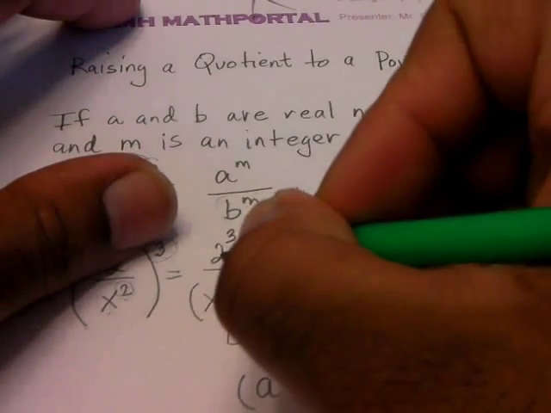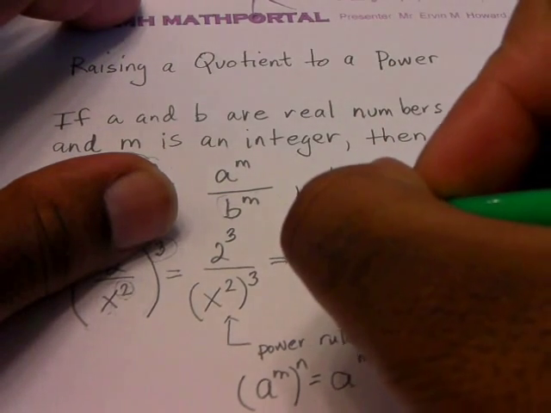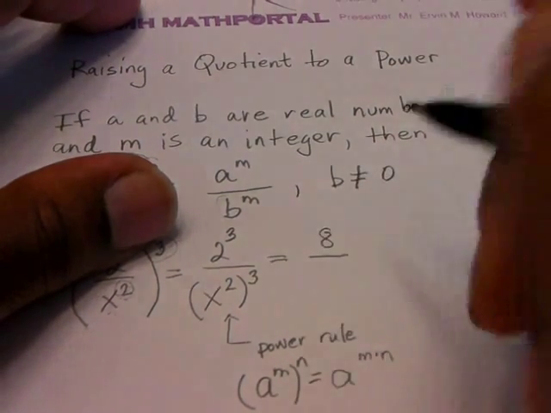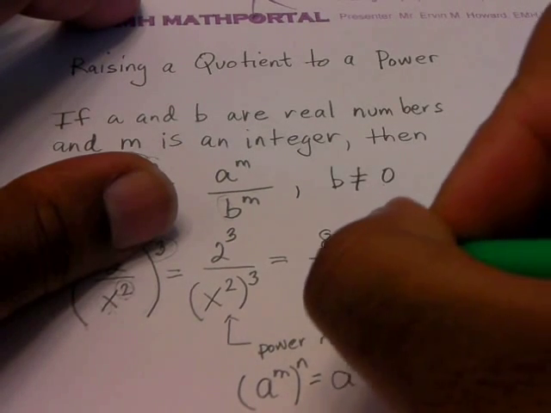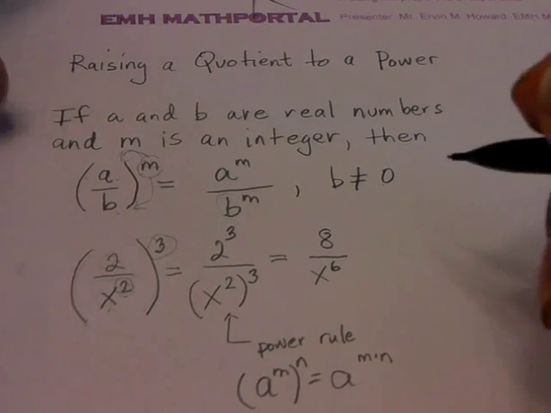So this will equal 8 over x to the what? 6. So that gives you 8 over x to the 6.